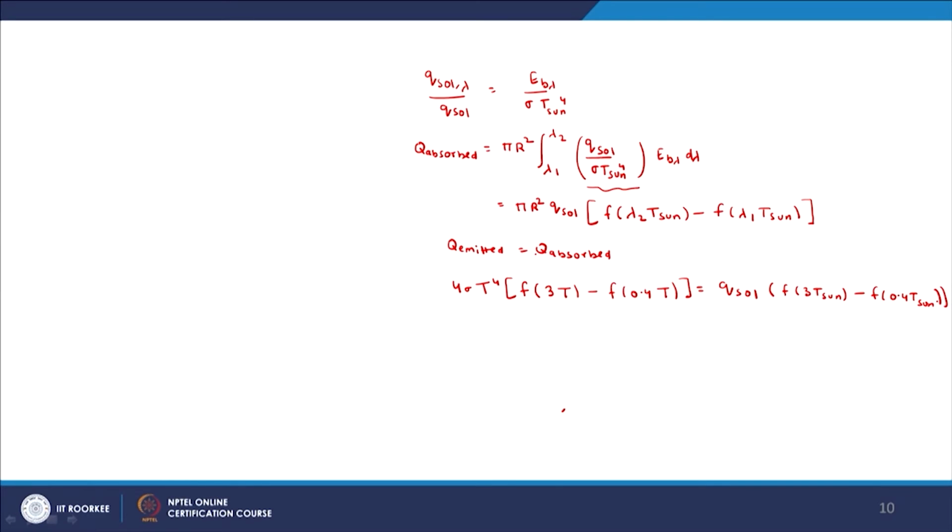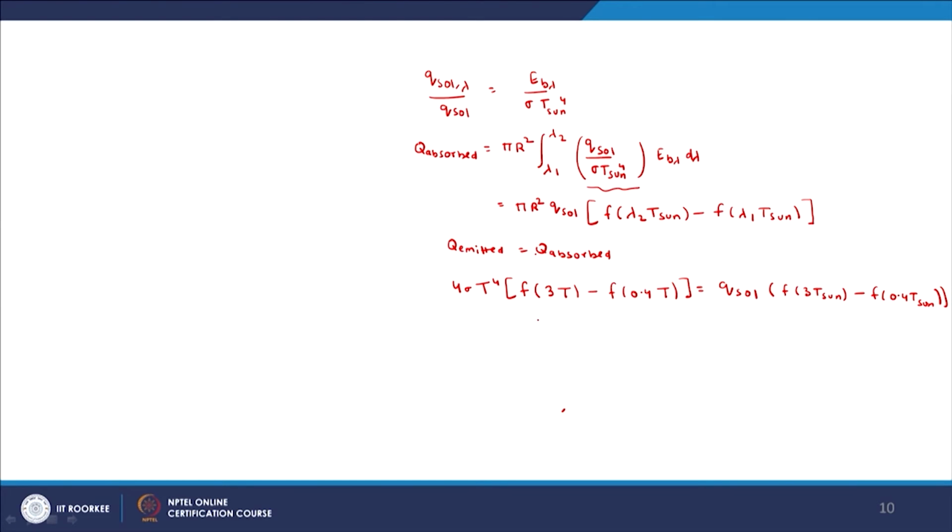So, if you look at this equation, this is basically a nonlinear equation in unknown temperature T. Why is it a nonlinear equation? Because this function f depends on power 4 of the temperature, and this equation cannot be solved directly. We can solve this equation iteratively.